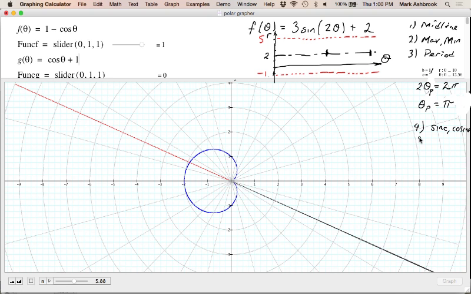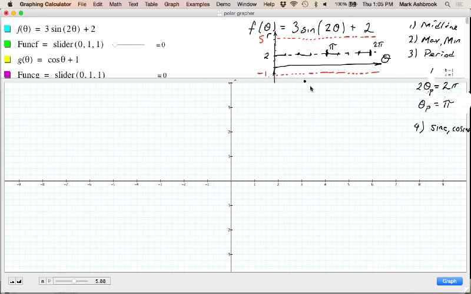Does it help? Cycles of this. So sine starts at min, midline, or max? Midline, and goes where from there? In the first quarter cycle, up to 5. So it's going to go from 2 to 5. Then back to 2 at, what is that? Pi over 2.